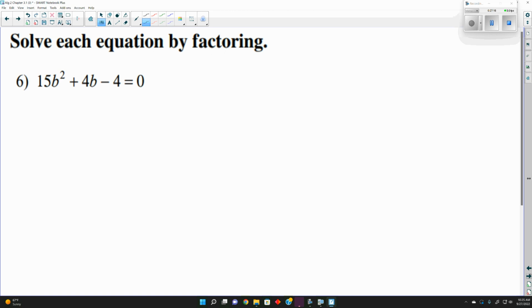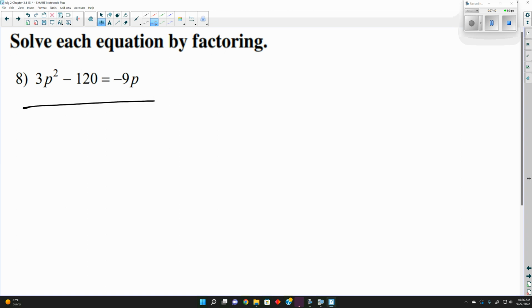Let's look at number 8. Now, for us to use the zero product property, the equation has to equal what? 0, yes? So before we can do anything, we need this equation to equal 0.